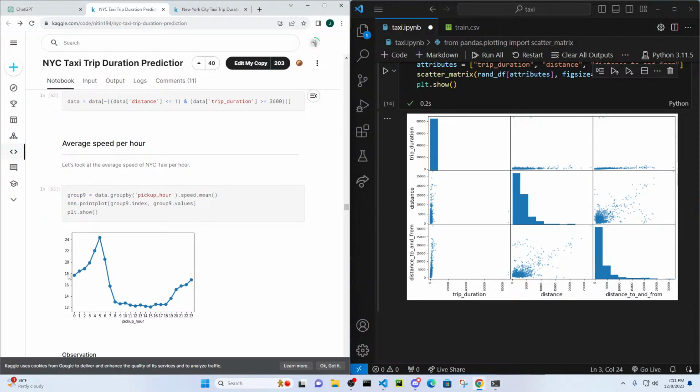It looks like the speed increases from after midnight until about 4 or 5 a.m. And then the speed decreases from about 5 a.m. until 8 a.m. Obviously, it's getting busier and busier, moving towards rush hour, and then throughout the day, you're just constantly moving slow.